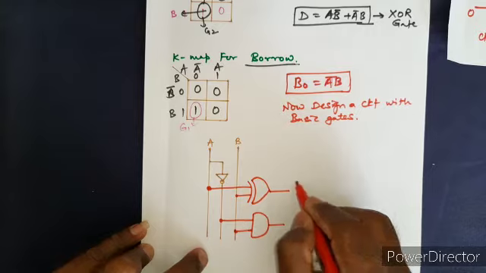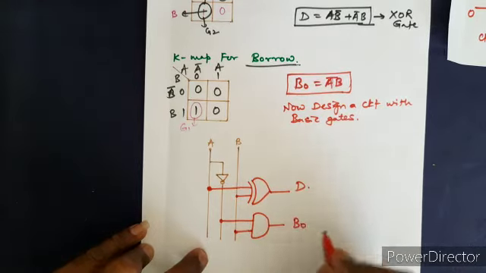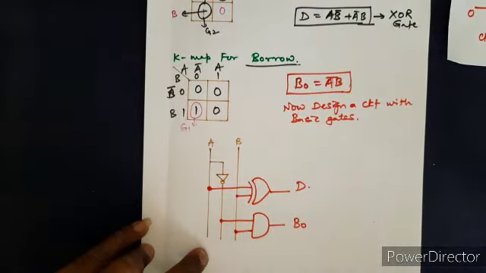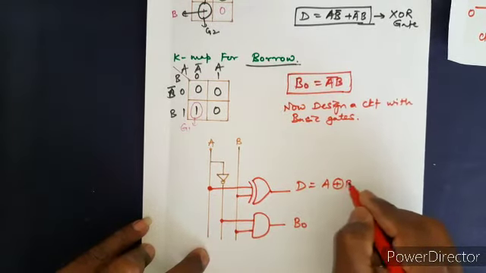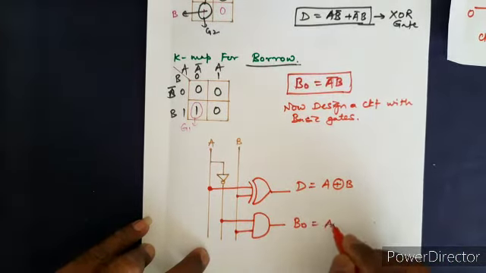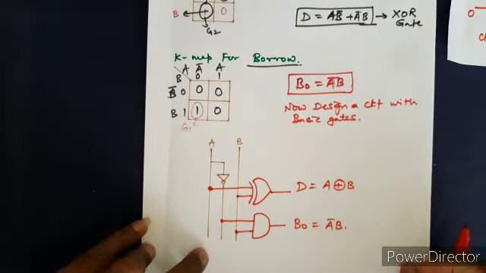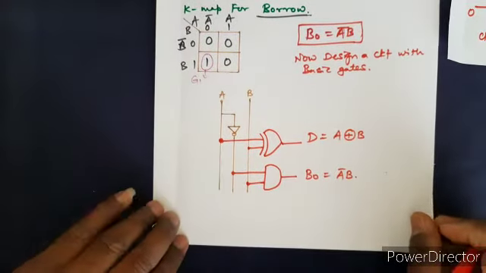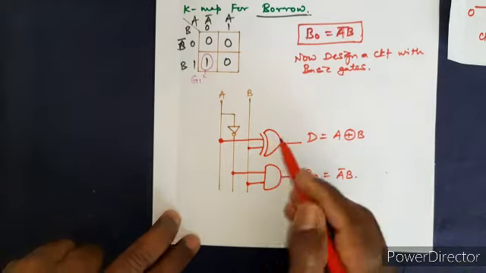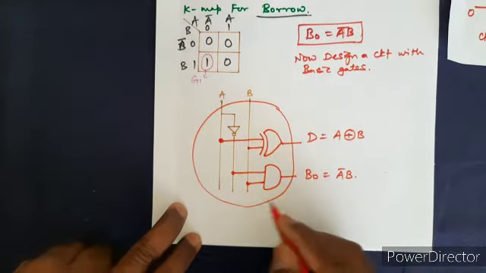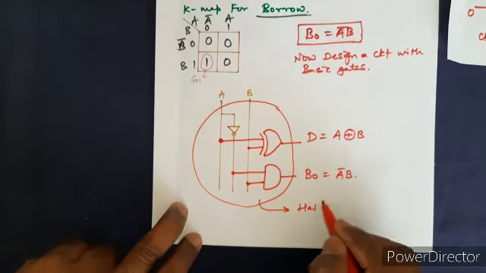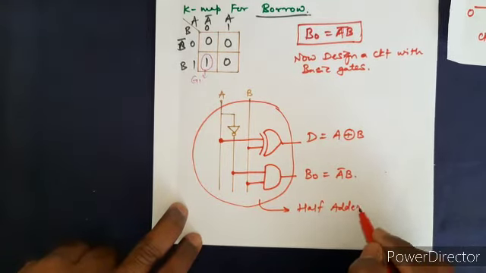So this is the difference and this is borrow out, which is equal to A XOR B, and this is equal to A bar B. So this is the complete circuit for the half subtractor.